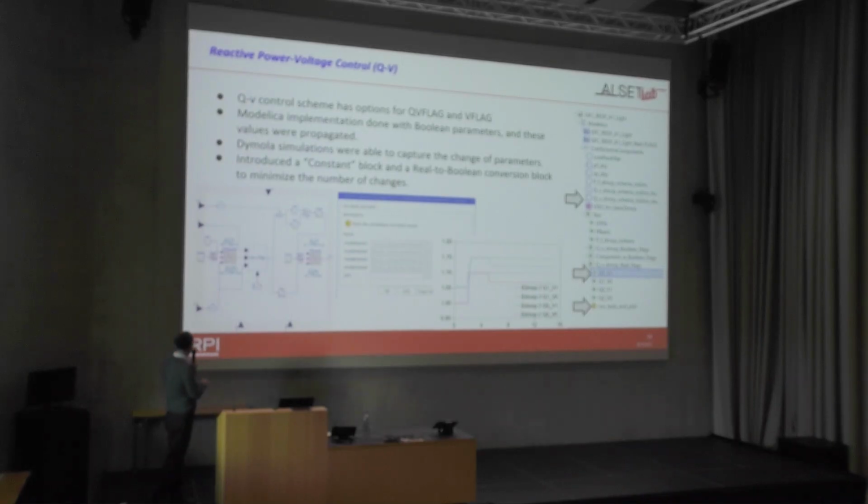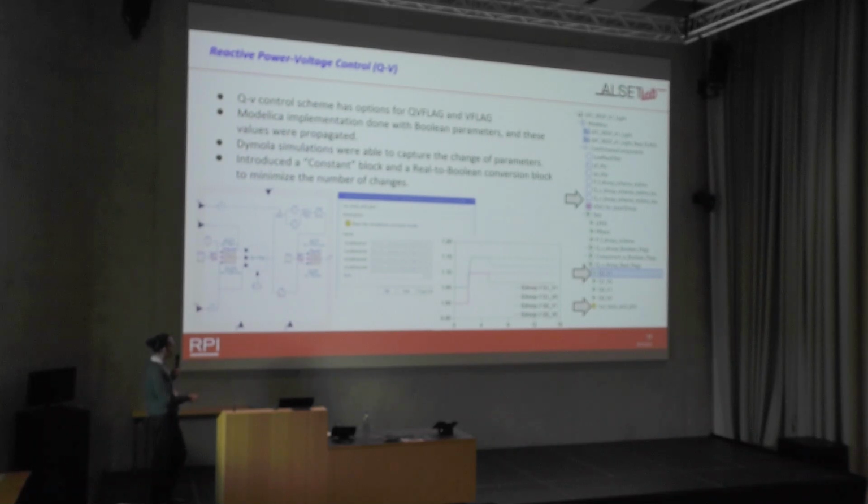So here you have 2 flags that allow you to decide if you're going to use the Q reference equal to 0 or you're going to set it equal to a reference value. So that's one flag. And here is another one that is going to deal with whether or not you're going to apply this PI loop or just limit the voltage. So these are the 4 flags.